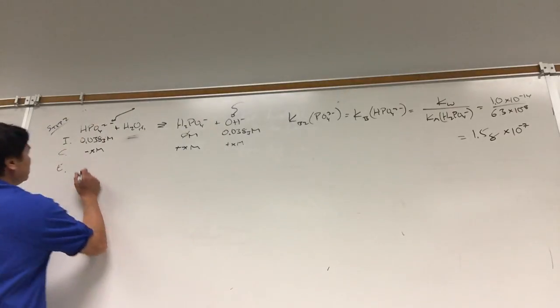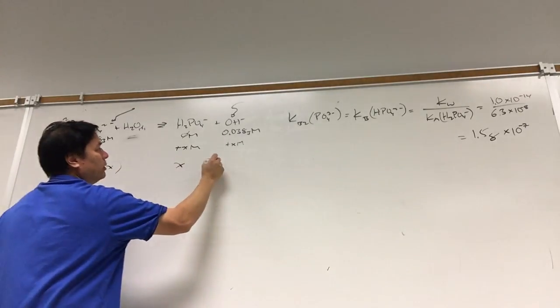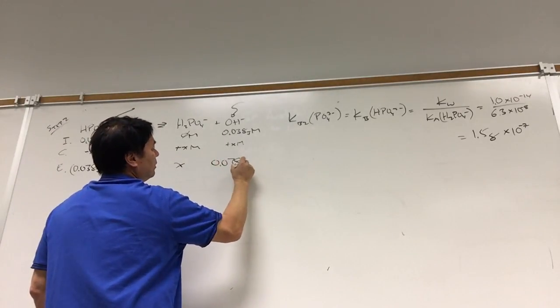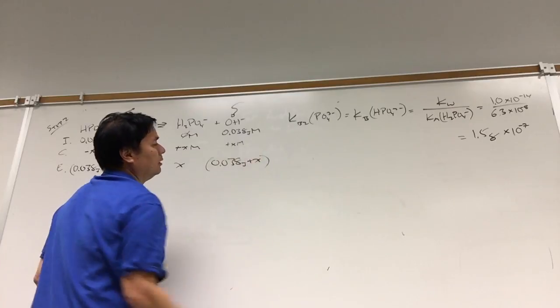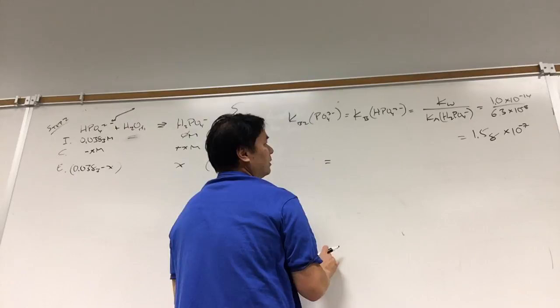And so here, this is going to be 0.0383 minus x, 0.0383 plus x. Now, this is what we're going to have.